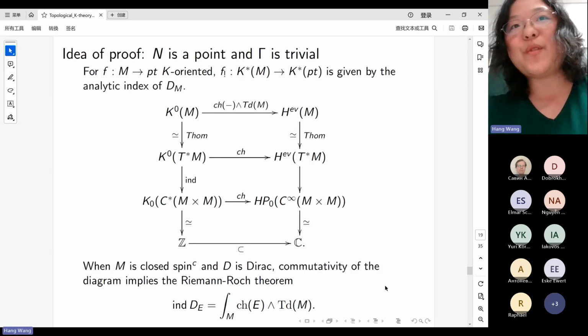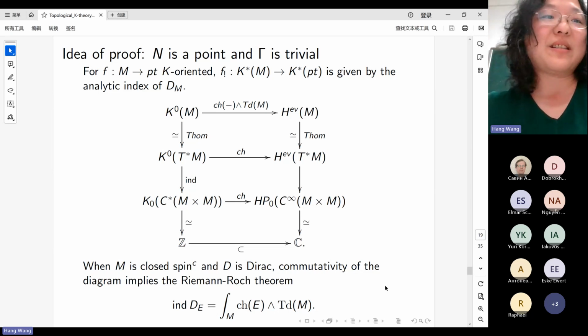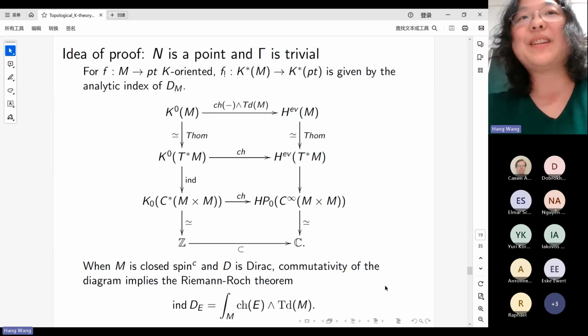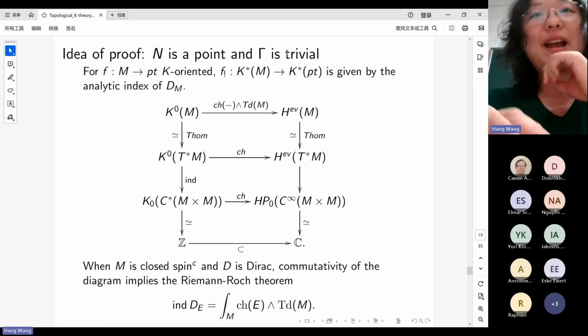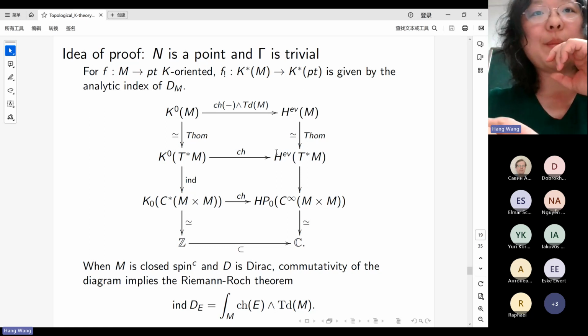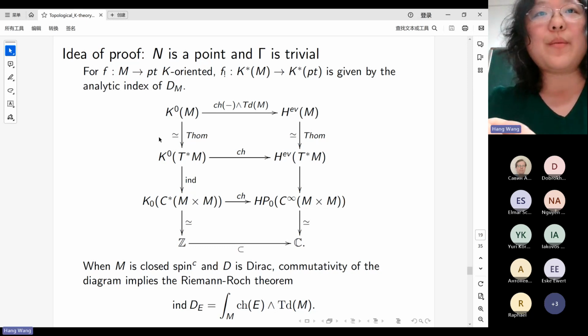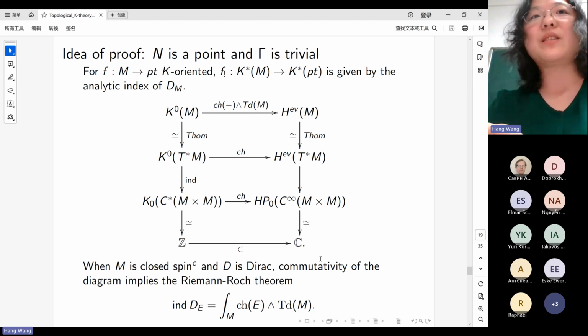And the idea of proof is quite straightforward. Let us use the case of N being a point and gamma being trivial to show the idea. The idea of showing the commutative diagram is that one writes out the definition of the push-forward map on the level of K-theory in these left horizontal arrows, and also writes down the push-forward map on the cohomology level in terms of this sequence of arrows on the right-hand side.